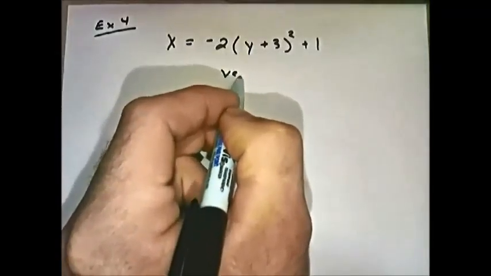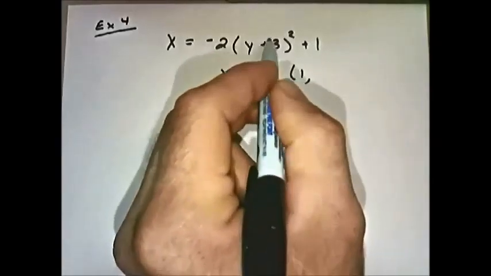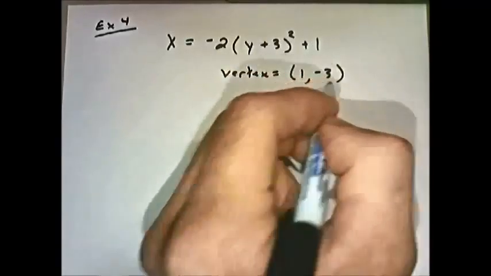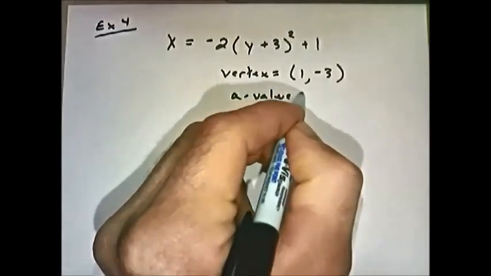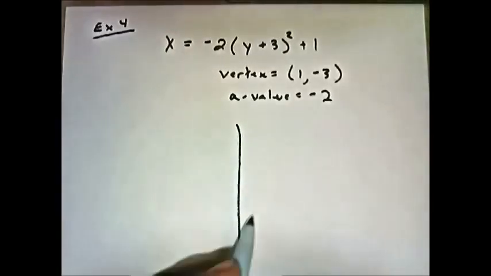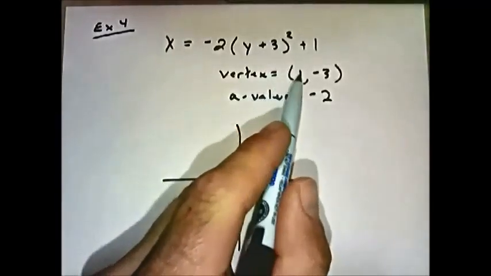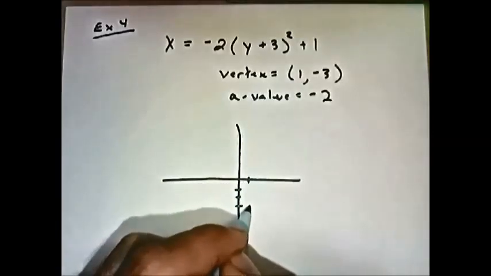So in vertex form, it's going to give us our vertex as 1, opposite of 3 is -3. The a value is -2. So we can go ahead and graph. Our vertex was at 1, -3.